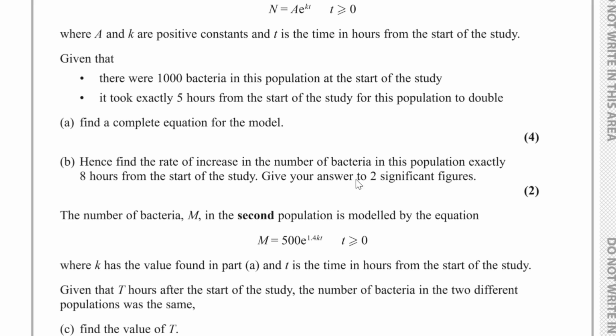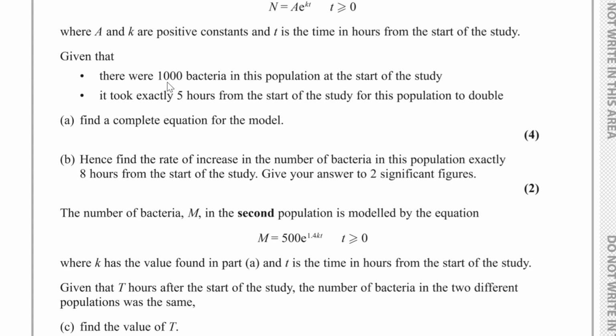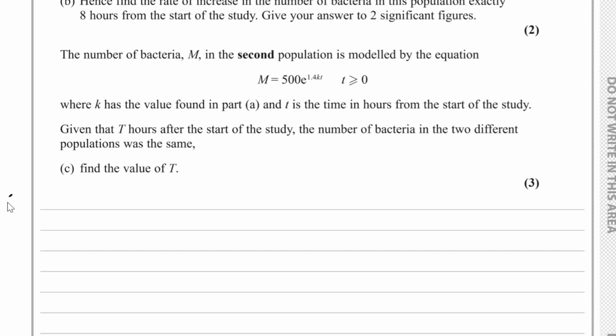Well, at the start of the study, there were 1000 bacteria. So, when t equals 0, N is equal to 1000.